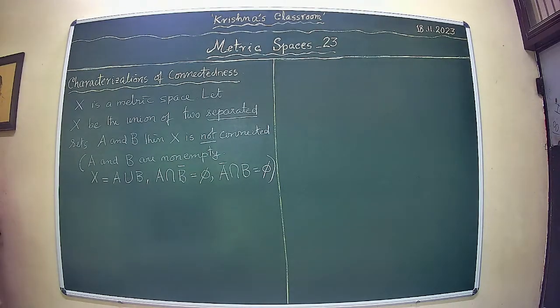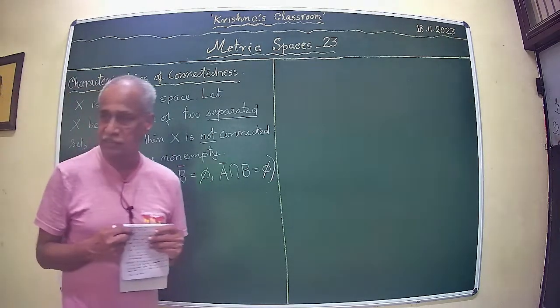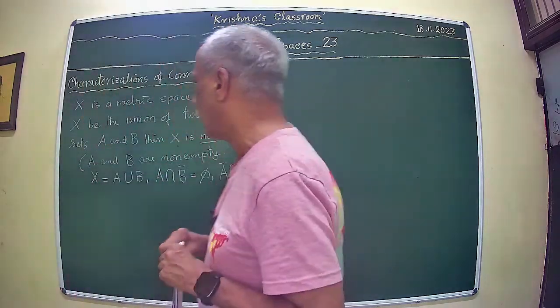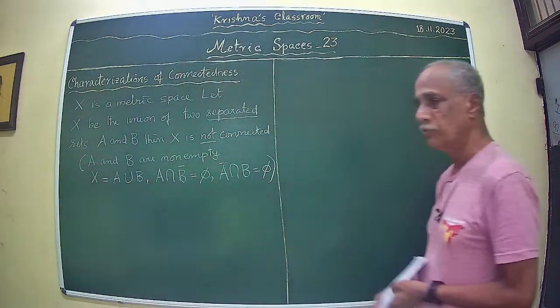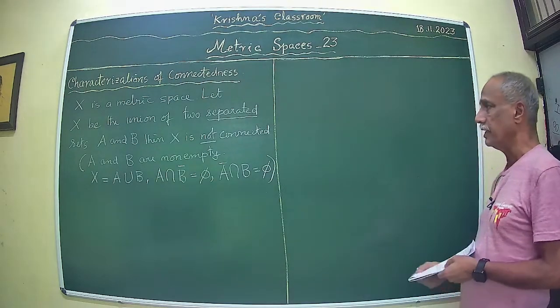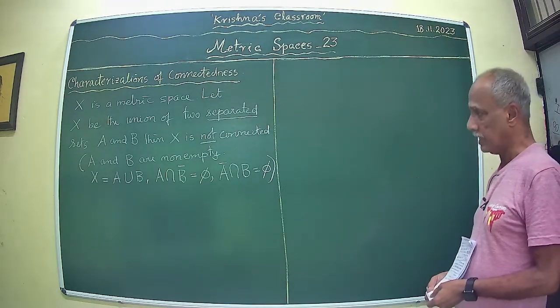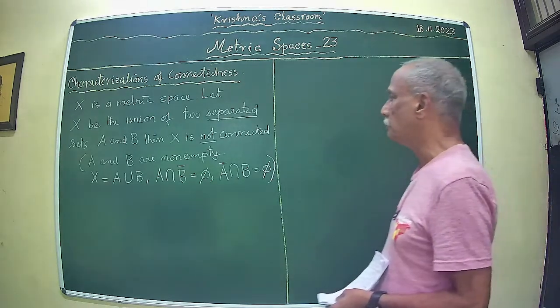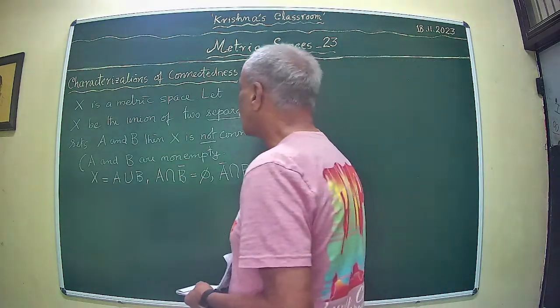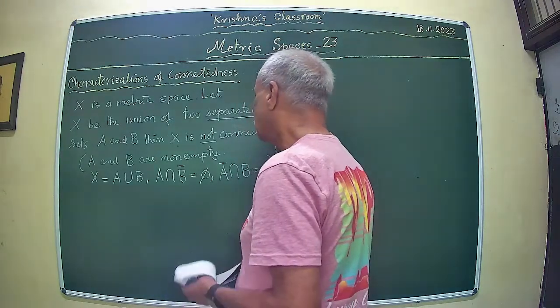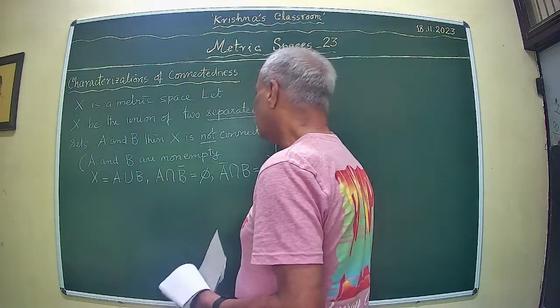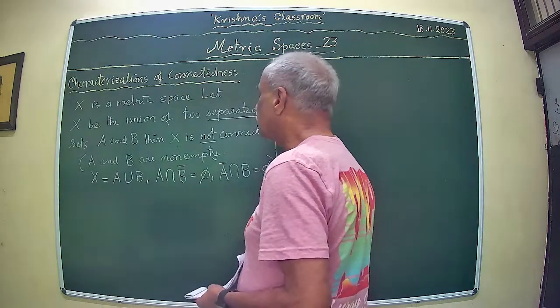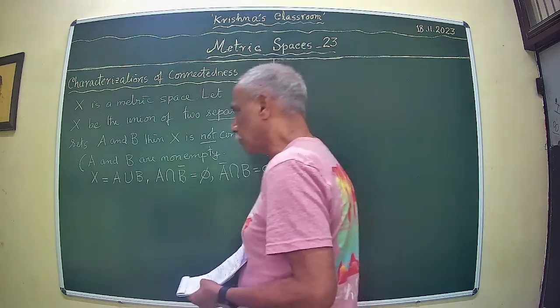So if X can be expressed as the union of two separated sets, then X is not connected, and X is connected if such a breakup is not possible.